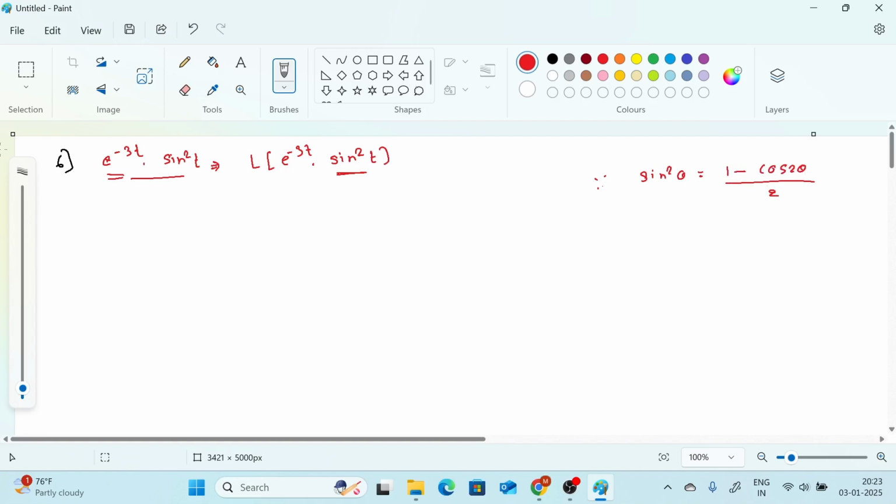We have to apply this formula here. Instead of theta we have t, so sine square t is equal to 1 minus cos of 2t upon 2, right?